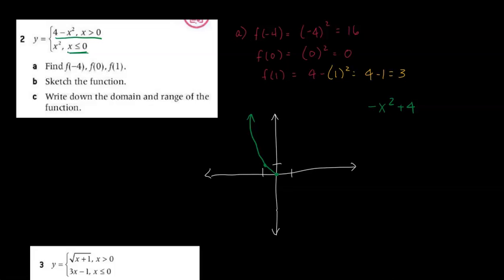So it reflected over the x-axis and then went up 4. 1, 2, 3, 4. Went up 4, and then down 1 to the left 1. Okay, and these are all the points that are greater than 0. So we're going to put an open circle here, and it's going to look something like that.